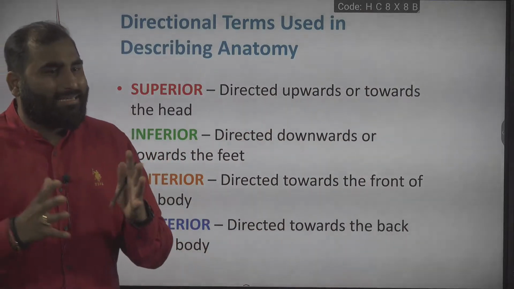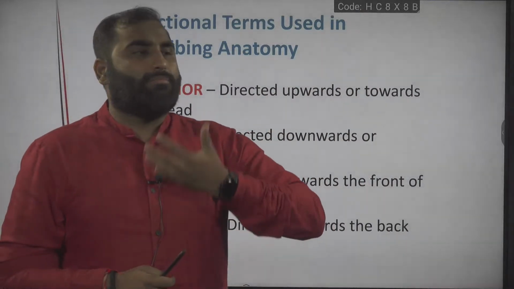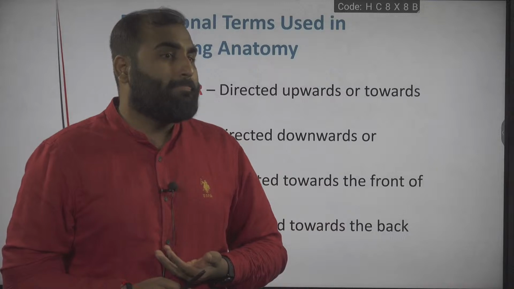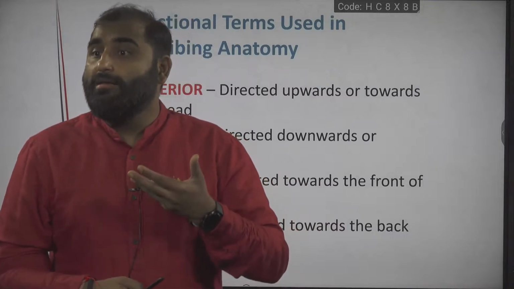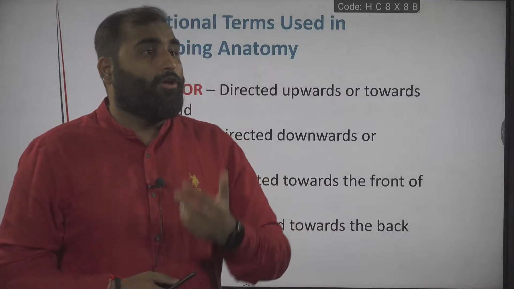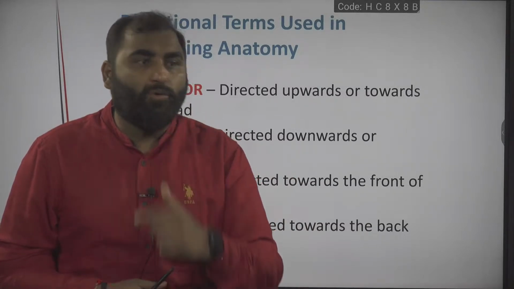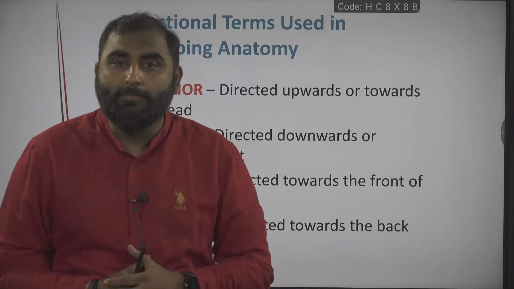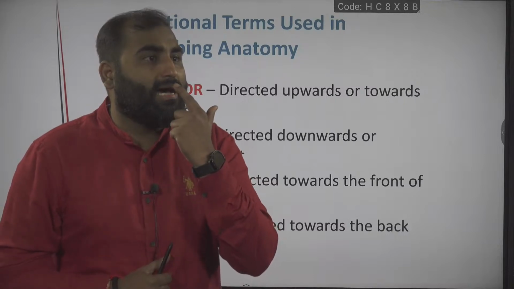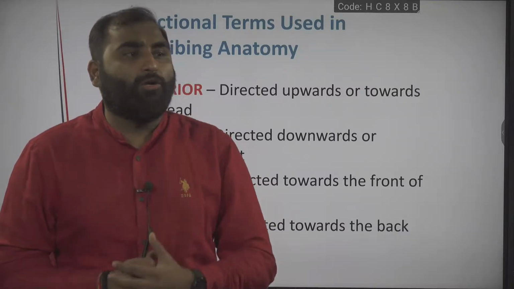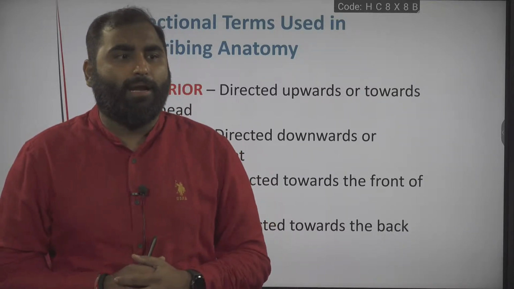So while studying, some things are above, some things are below. Superior, inferior. Your nostrils. Do you understand? These openings of your nose are called nostrils. Are nostrils superior to the upper lip or inferior to the upper lip?